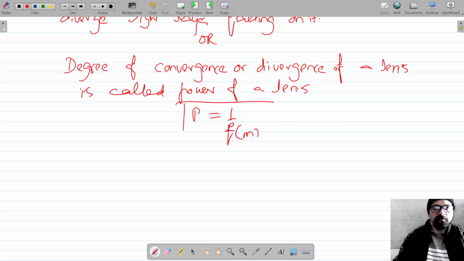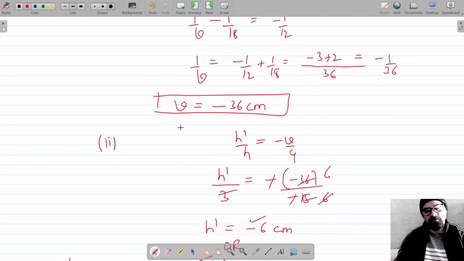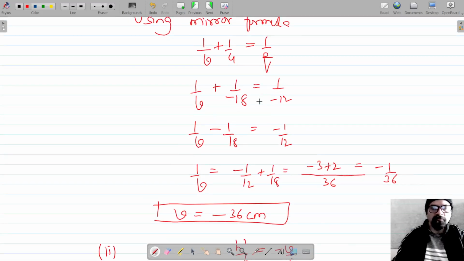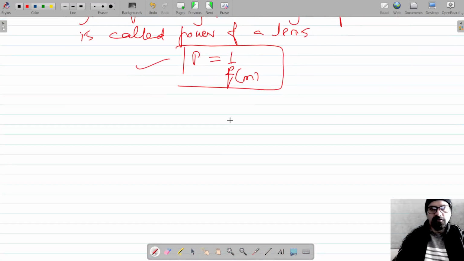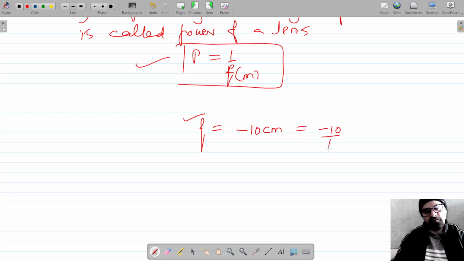This is the reciprocal of the focal length, and focal length should always be in meter. The focal length of the lens is minus 10 centimeter, which means that it's a concave lens, because the negative focal length is for concave lens according to sign convention, and it should always be in meters.